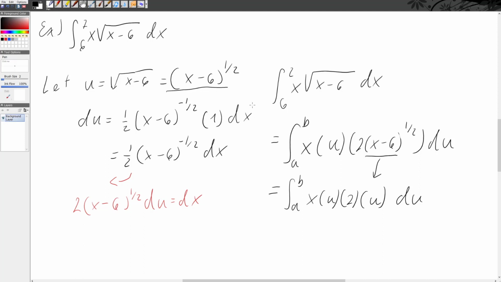So we are going to go back to our original substitution. What did we set u as? Well, how do we solve for x then? We square both sides. u squared plus 6 is equal to x.